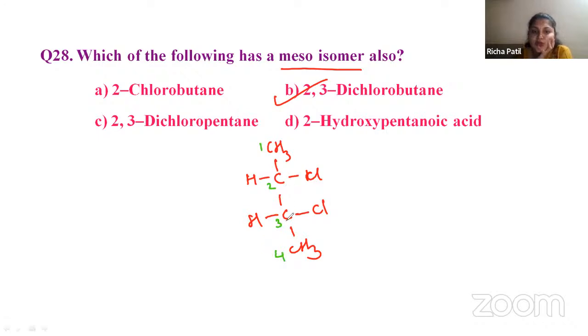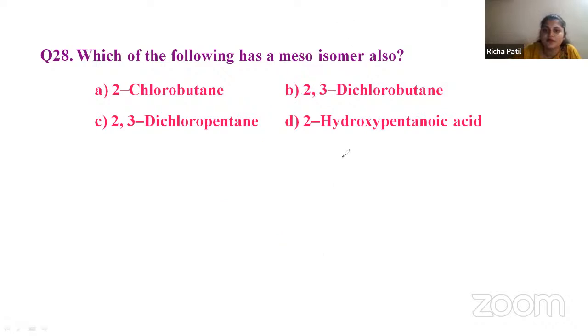So it is 2,3-dichlorobutane, right? If you keep a mirror here, it is a meso isomer. So this is the correct answer. B is the correct answer. Good, many have answered. Okay, so we'll move to the next question.